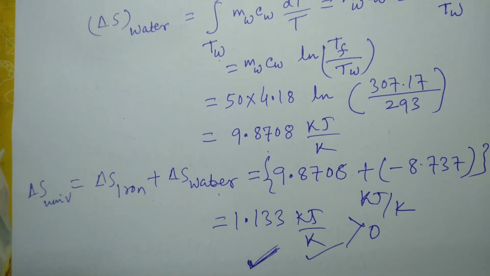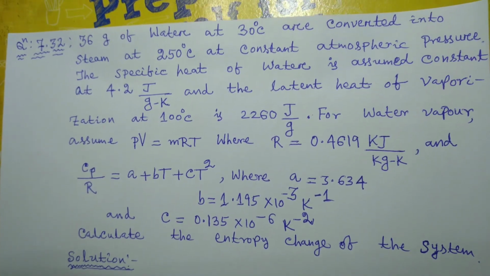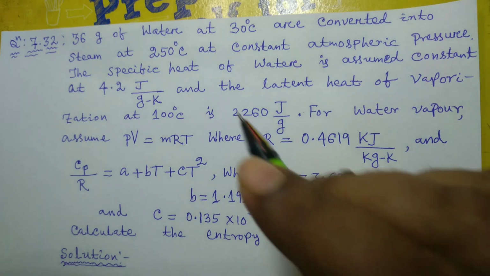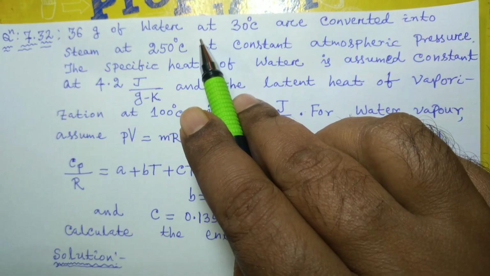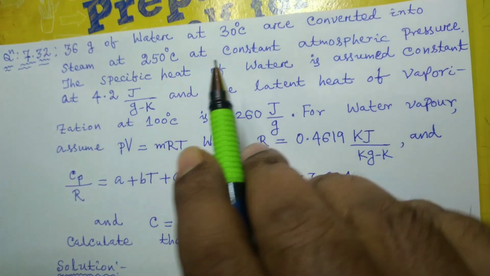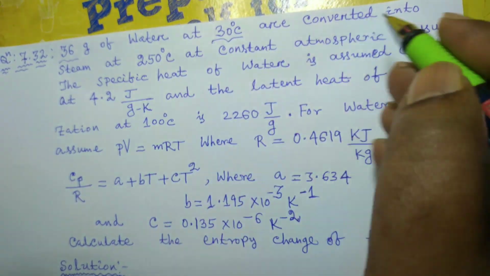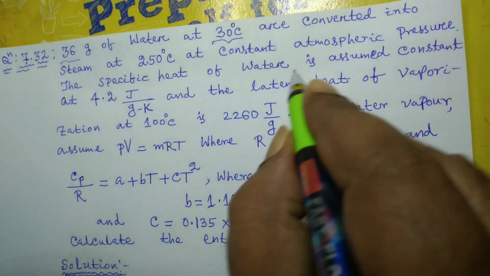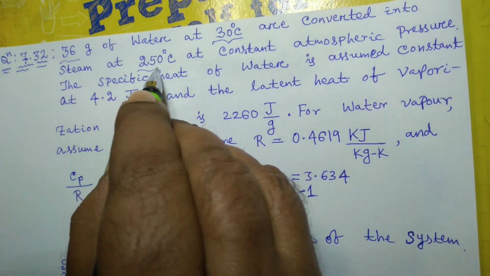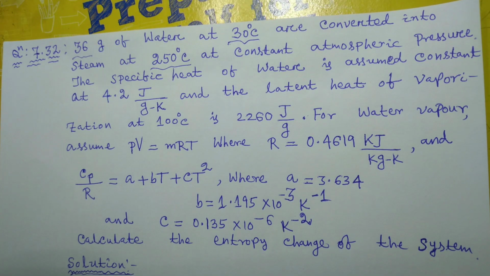So the next question is 7.32. 36 gram of water at 30 degrees Celsius is converted into steam at 250 degrees Celsius at a constant atmospheric pressure.